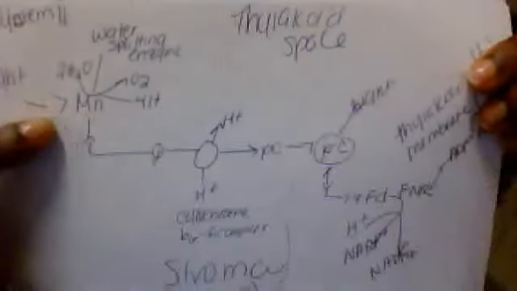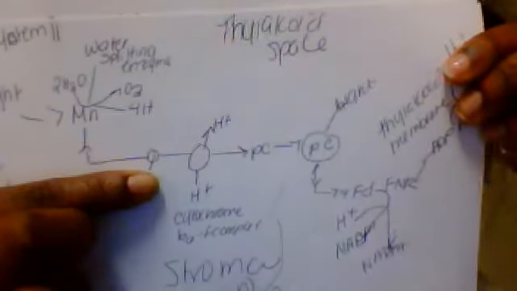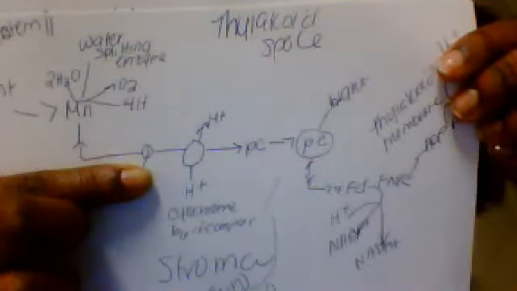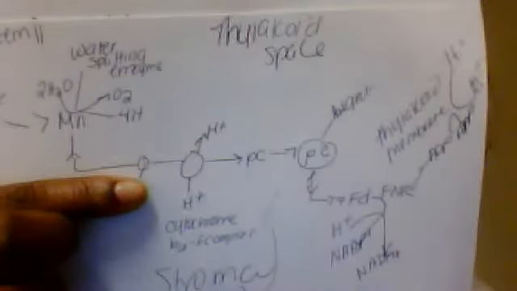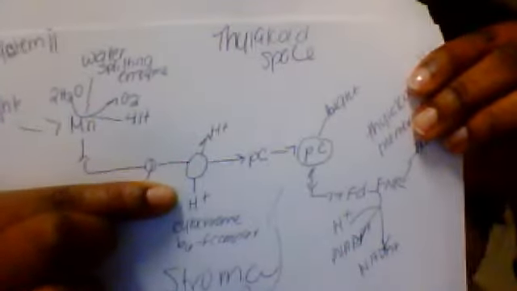Anyways, moving on. So the electrons are going to continue on through here, and it's going to hit the plastoquinone, which basically keeps the electrons mobile, so it keeps moving them. That then is going to hit the cytochrome b6f complex.